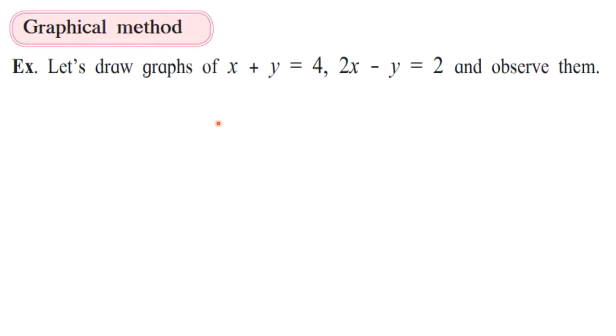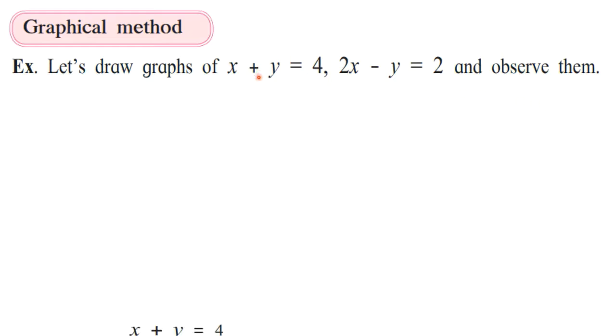Now let us take one example to understand this. In the solved example they have given the simple equations x plus y is equal to 4 and 2x minus y is equal to 2. So we have to draw the graphs of these two equations and then observe.